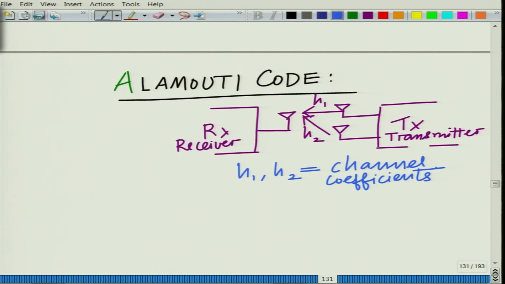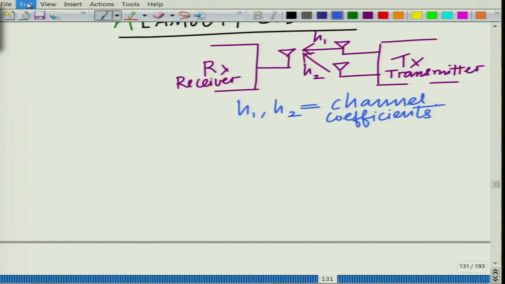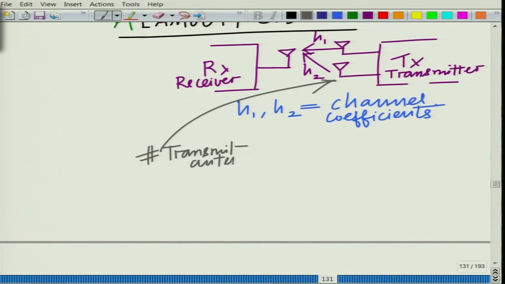This is a 2 transmit antenna system, number of transmit antennas equal to 2, and number of receive antennas equal to 1.